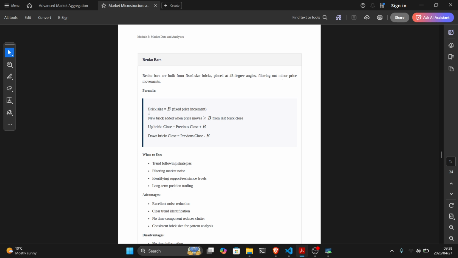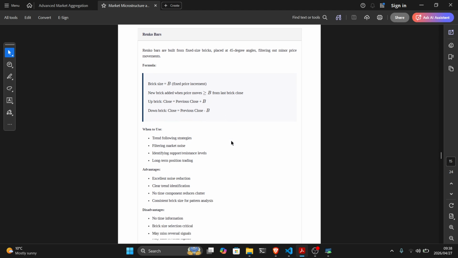Here's the formal description. Brick size equals B, a fixed price increment. A new brick is added when price moves greater than or equal to B from the last brick close. An up brick is defined as close equals previous close plus B. A down brick is defined as close equals previous close minus B.